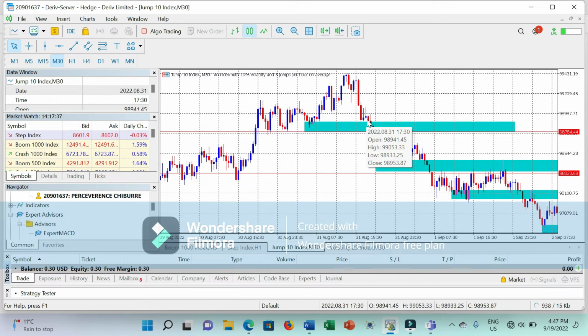After turning, it then breaks the point of resistance, and after breaking, it comes back to retest at the same point of the market, the same point at which the tail of the last part was.